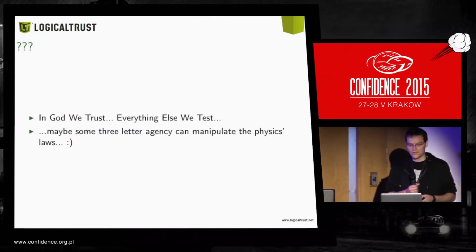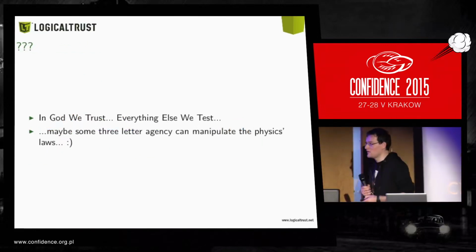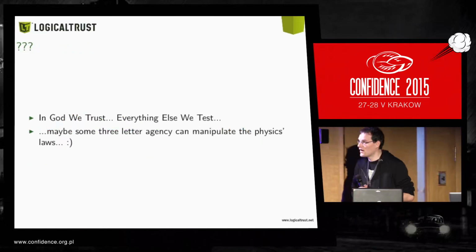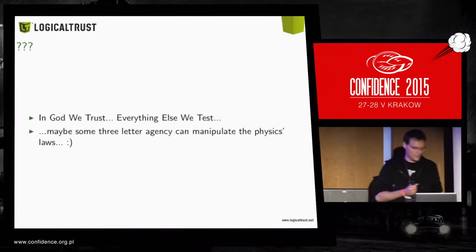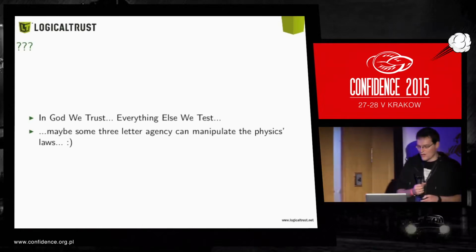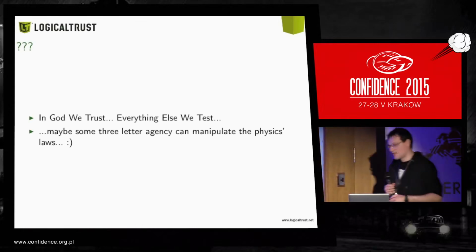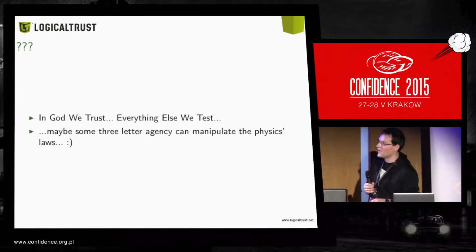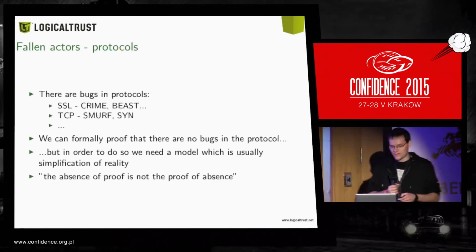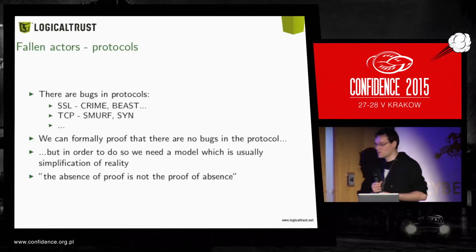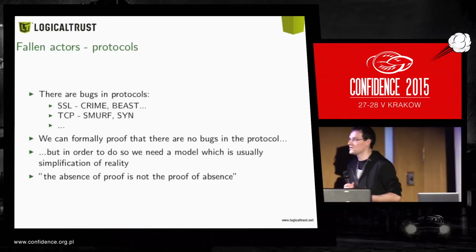So we still don't know what is behind the physics, but there is one quote by testers which I really like, and it is that in God we trust, everything else we test. And there are some fallen actors. Actually, we haven't talked about the protocols.